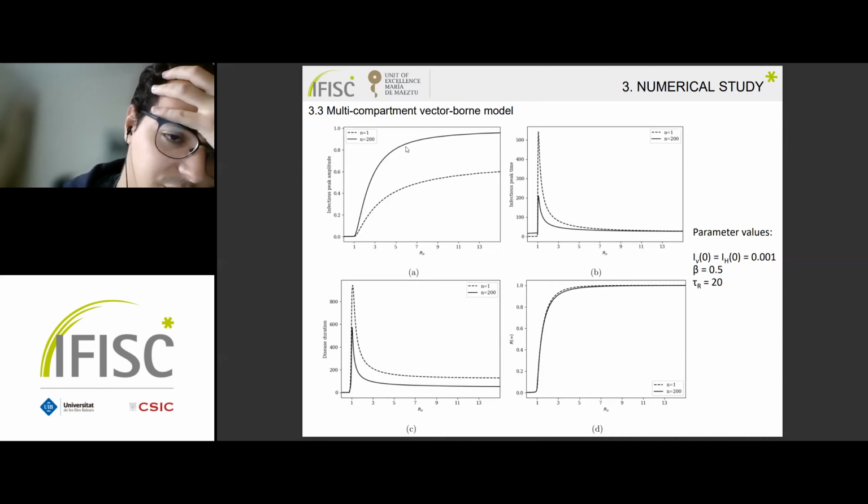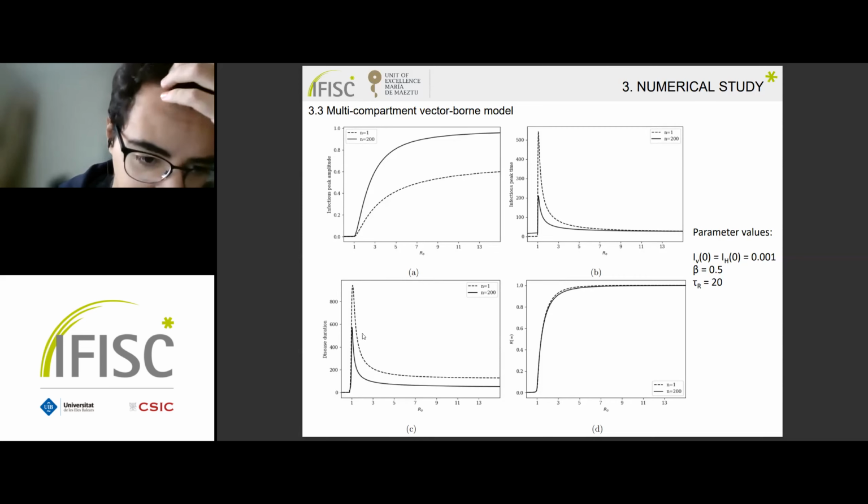The only way we can justify these two figures is through the disease duration. So we have the same number of recovered individuals at the end because the disease lasts longer in the case in which we have a smaller peak.